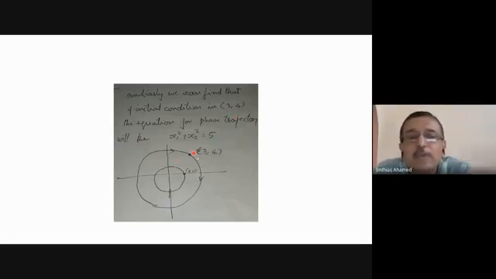So what will be the phase portrait? Wherever you start, you will go in a circle. If you start from 3, 4, you will have a circle of radius 5. If you start at 5, 0, you will have a circle of radius 5. So this is the phase trajectory.